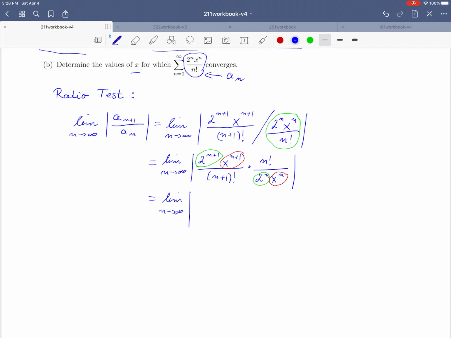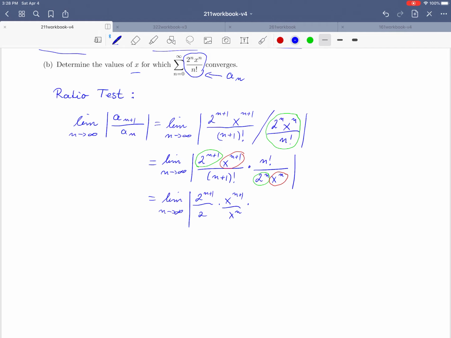So let's group these together a little bit. So we have 2 to the n plus 1 over 2 to the n. And then we have x to the n plus 1 over x to the n. Those are going to simplify nicely. And then we have n factorial over n plus 1 factorial. And let's write down what those mean.